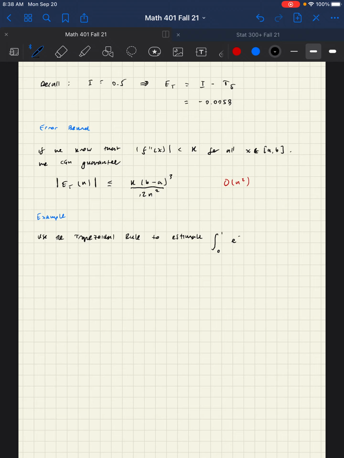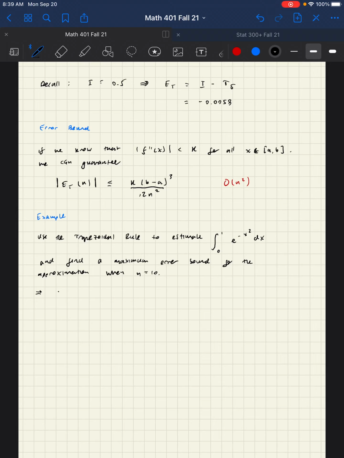We're going to estimate the integral from 0 to 1 of e to the negative x squared dx, and we will find a maximum error bound for the approximation when n equals 10.